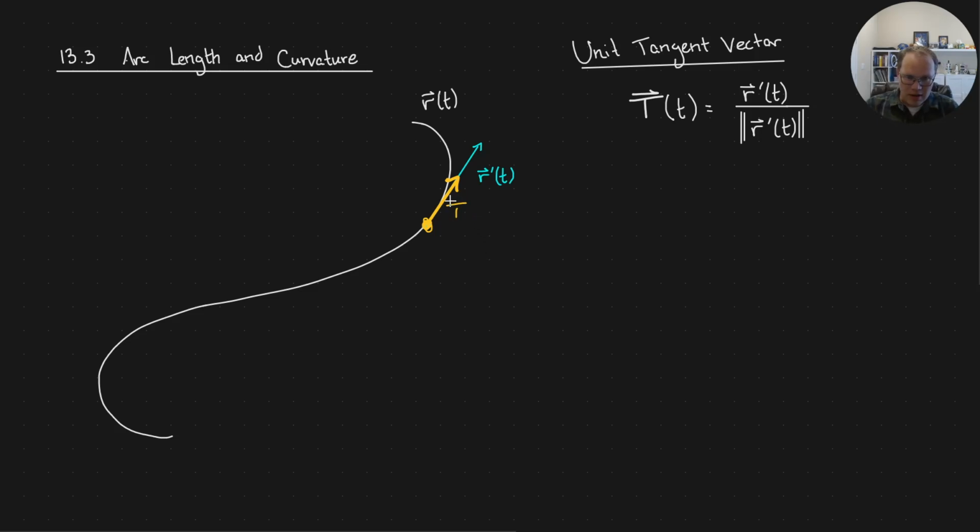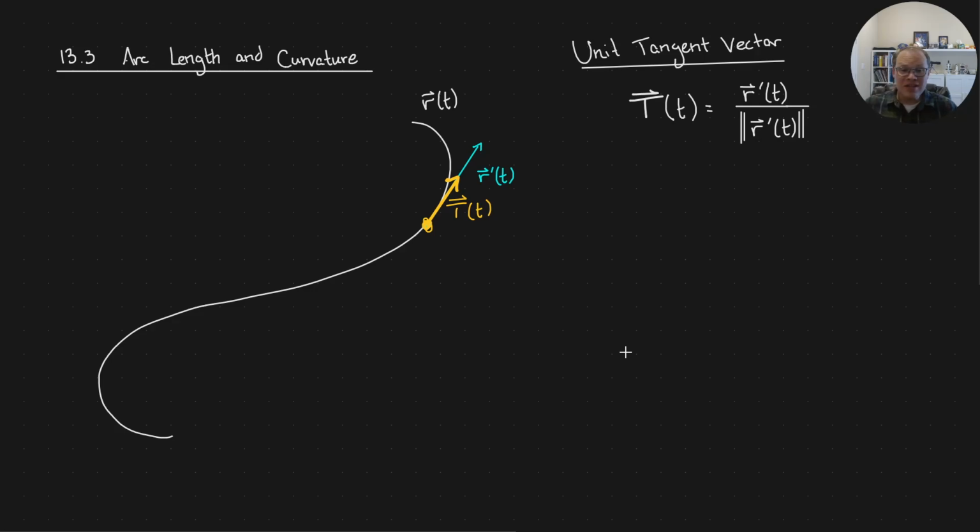It will be common to all parameterizations. Okay, so that's piece 1. No matter how we're parameterizing the curve, the unit tangent vector is a way to describe the tangent vector to the curve in a way that's independent of the parameterization.